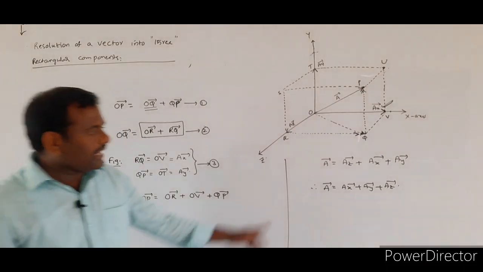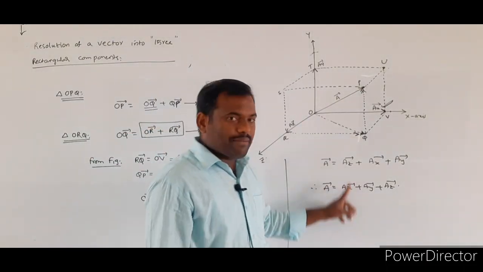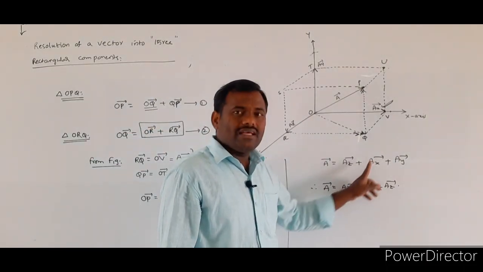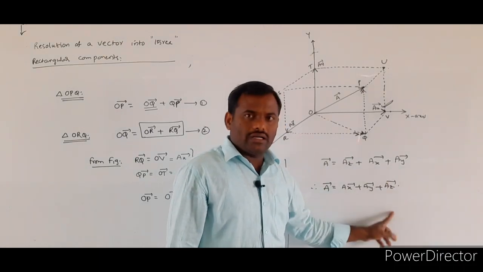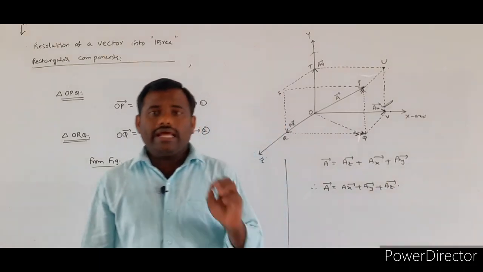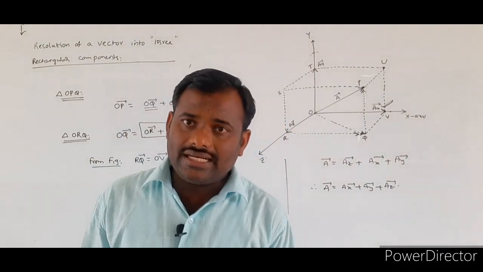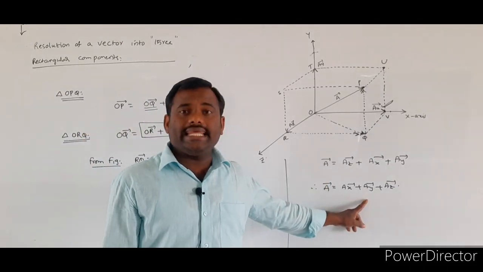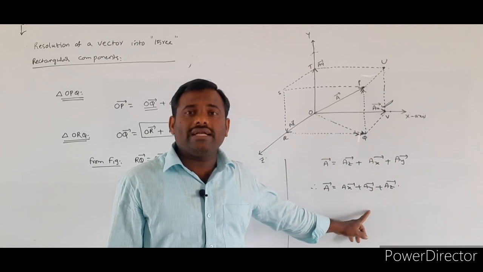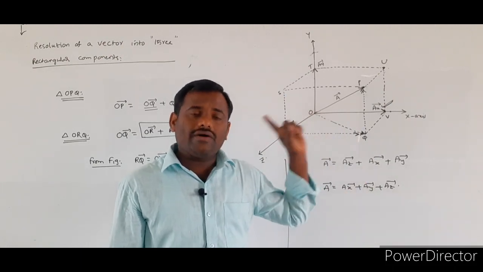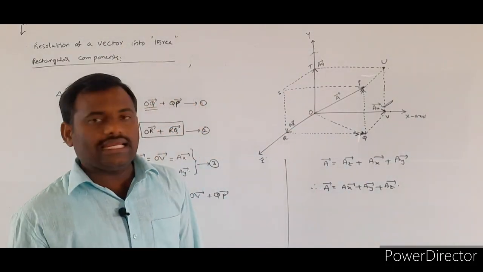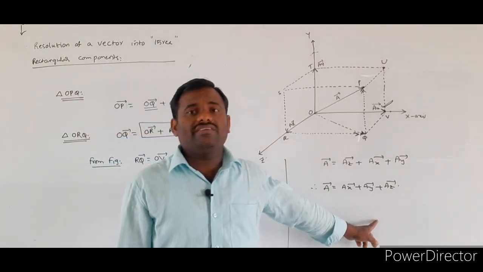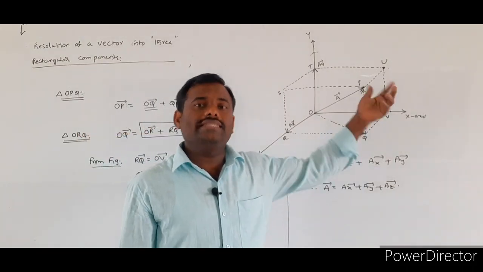So the given vector A bar can be written as the sum of AX bar plus AY bar plus AZ bar. What is AX bar? The rectangular component of the given vector along the x-axis, and AY bar indicates the rectangular component of the given vector A bar along the y-axis, and AZ bar indicates the rectangular component along the z-axis.